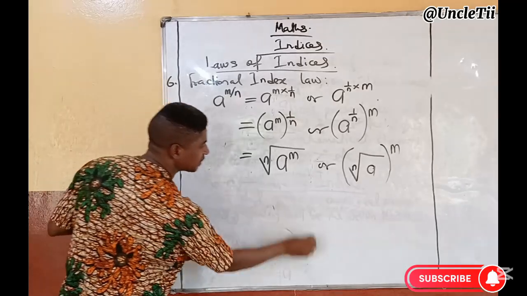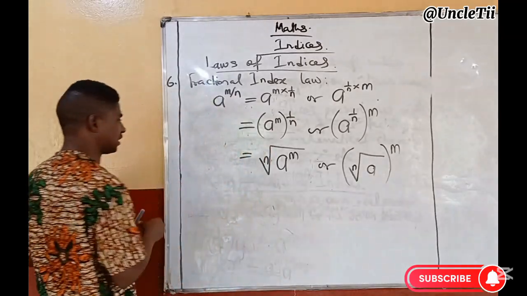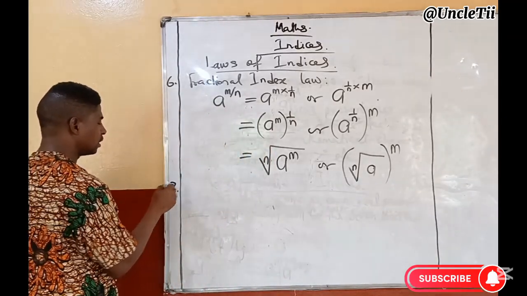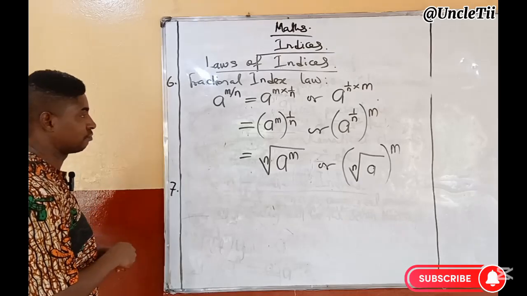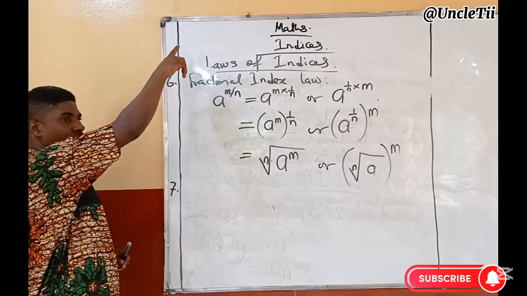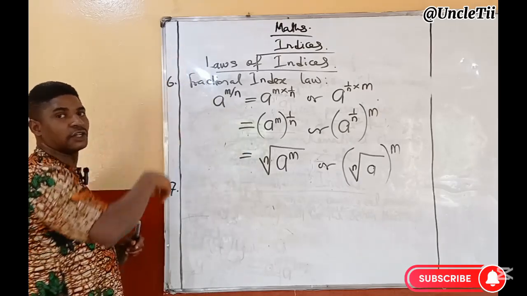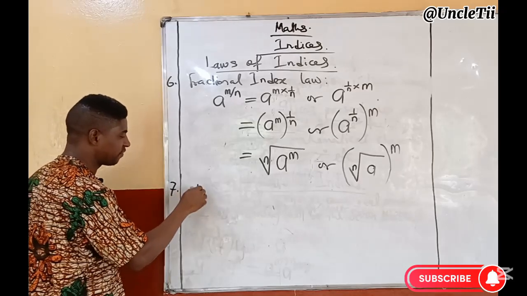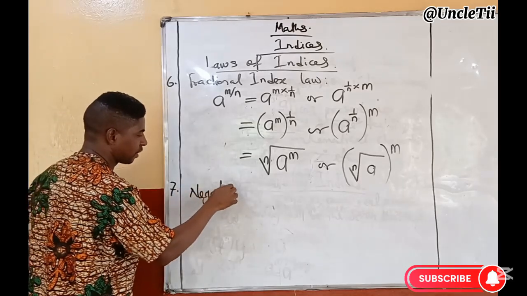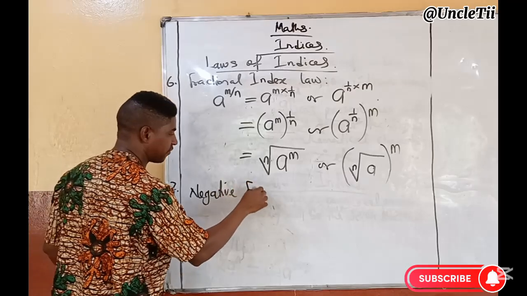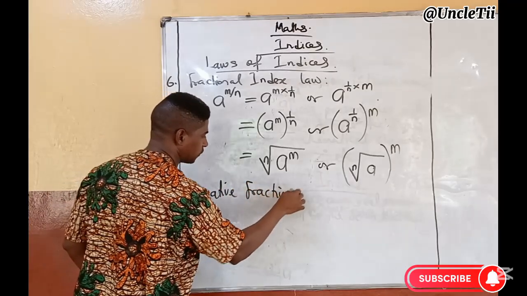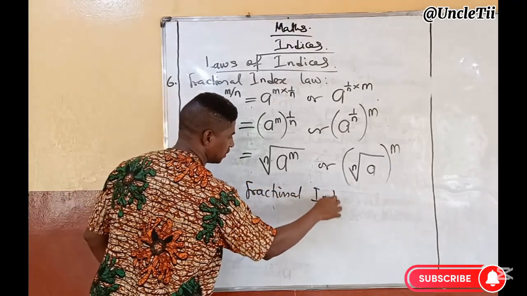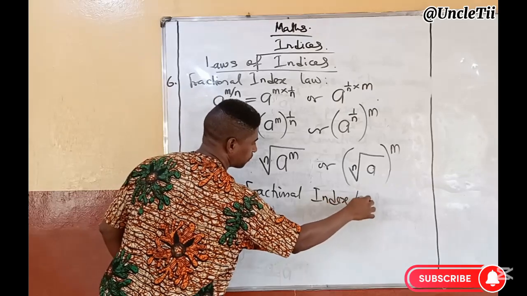Let's now take the seventh and the final law of indices. That one is a combination of law number 4 and law number 6, and that one is the negative fractional index law.